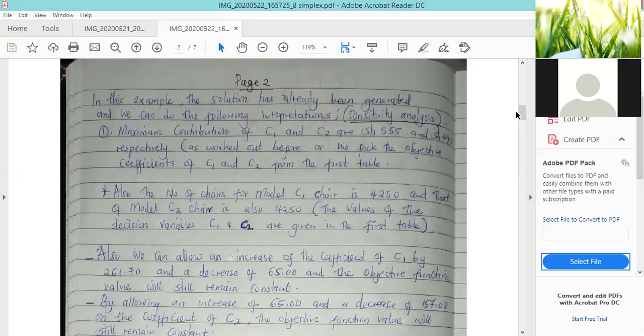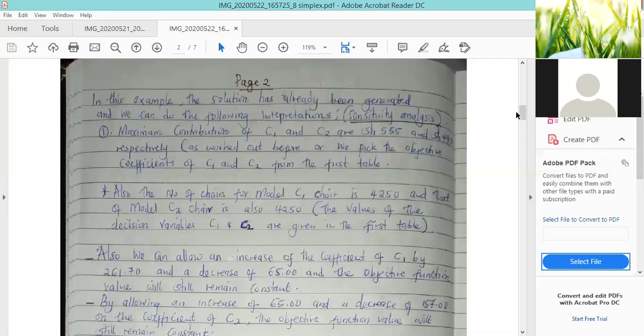We would expect the figure to remain the same within the allowances provided if the coefficients of C1 and C2 were to change by the given remit, say by increasing or declining these two. At the end of the day, the meaning is that the decision made will not have interfered with the objective function value.